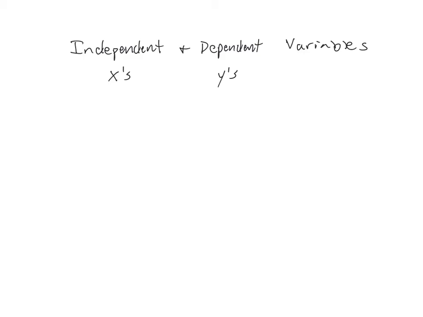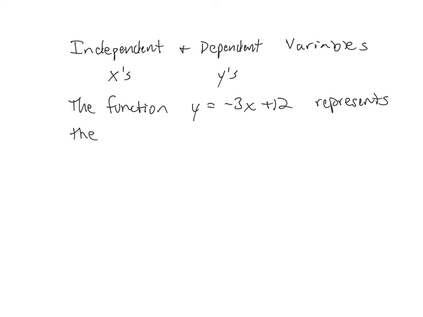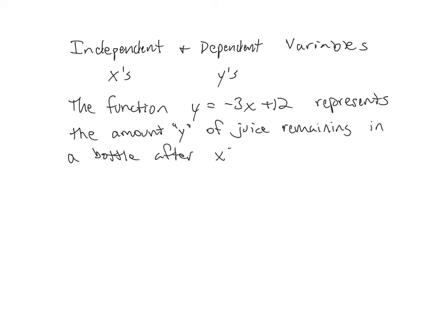So this is from the book, but the function y equals -3x plus 12 represents the amount y of juice remaining in a bottle after x gulps, or drinks.